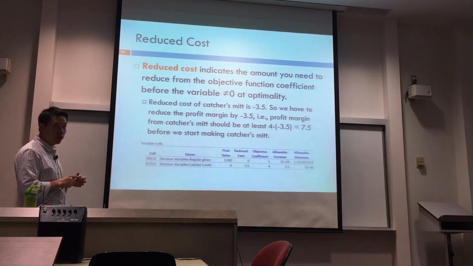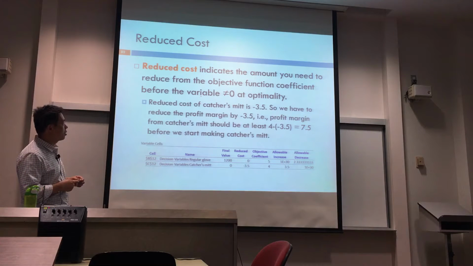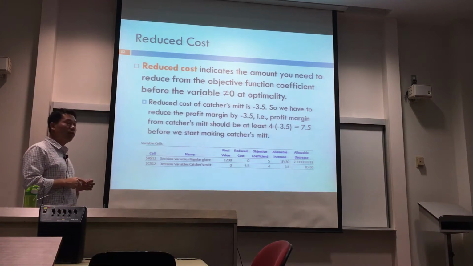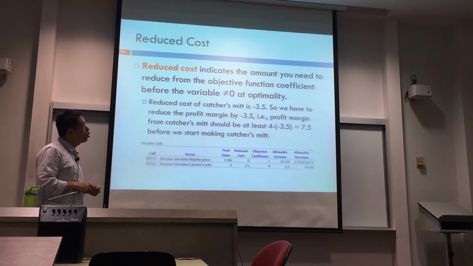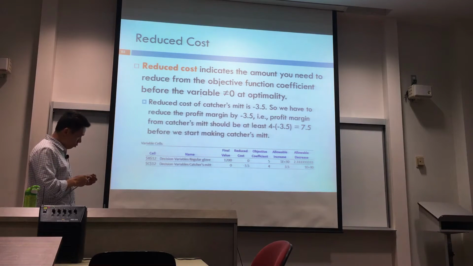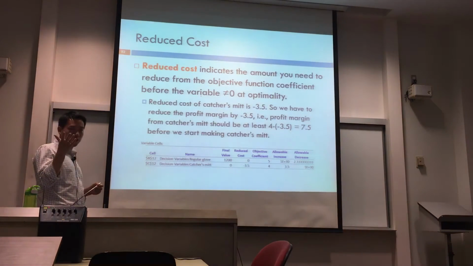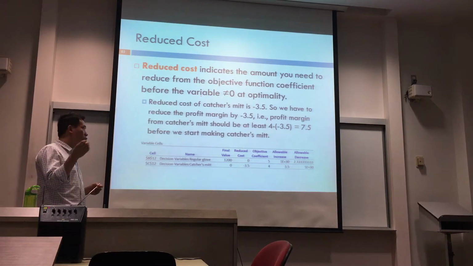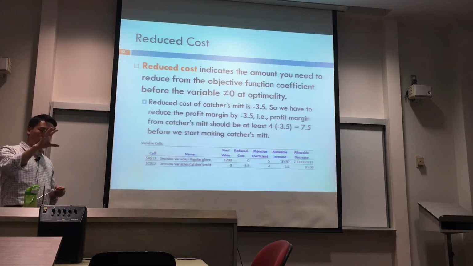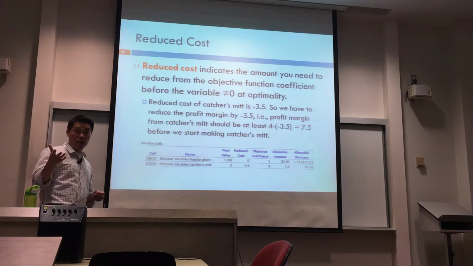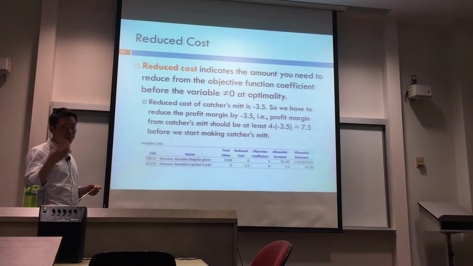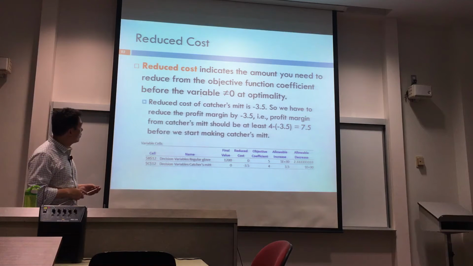Something very related is called reduced cost. Reduced cost is something very strange. You assume the objective function is like a cost function. You assume those coefficients are not profit margins, they are like cost parameters, right?